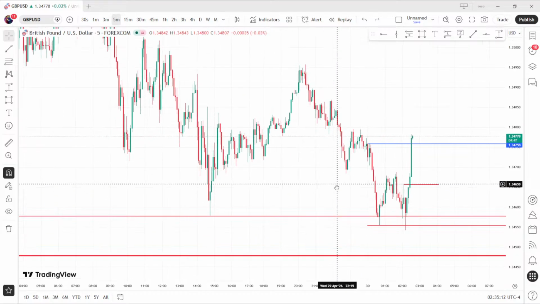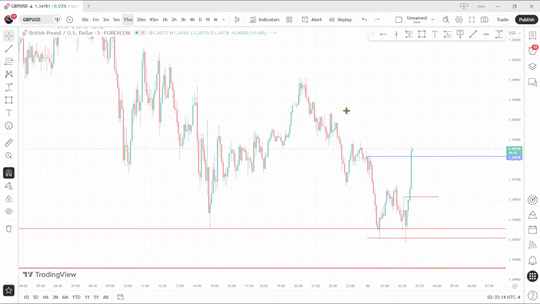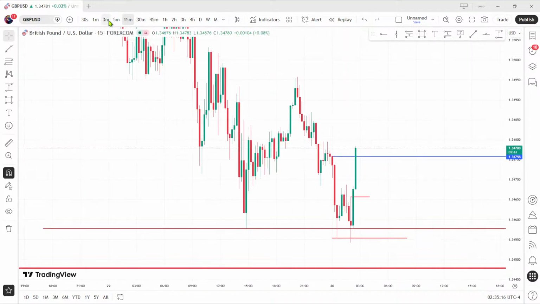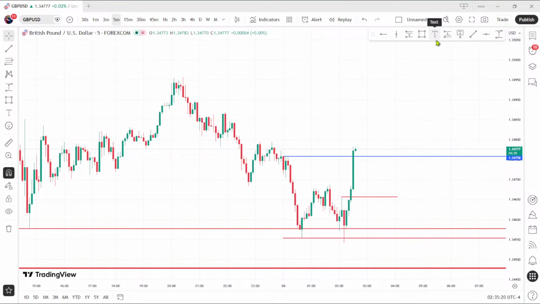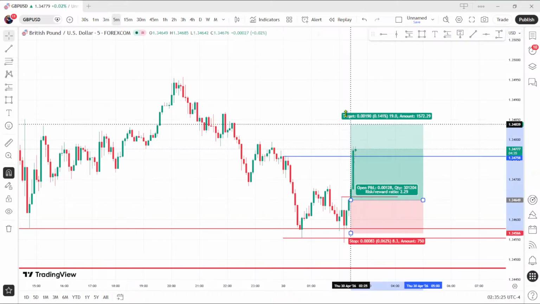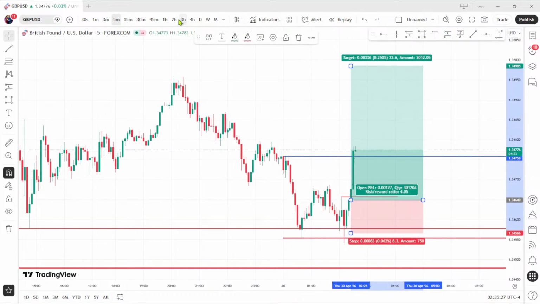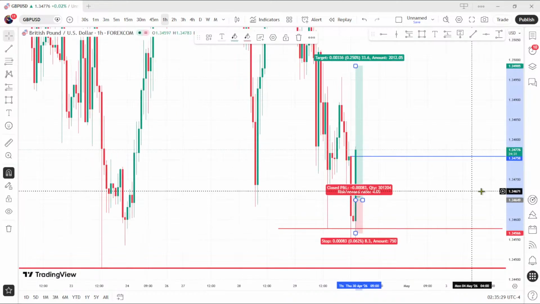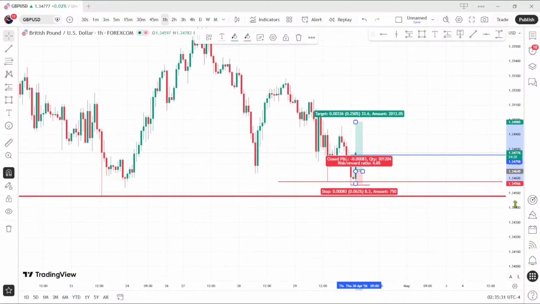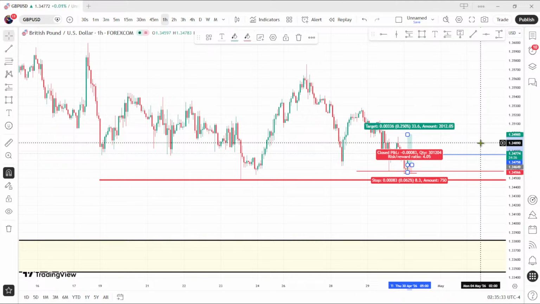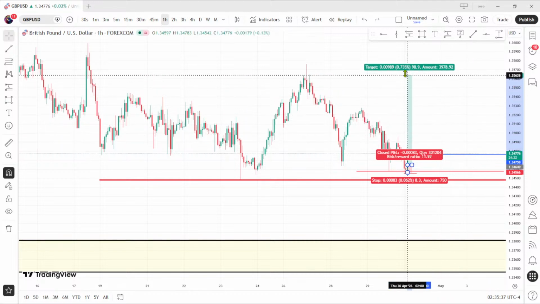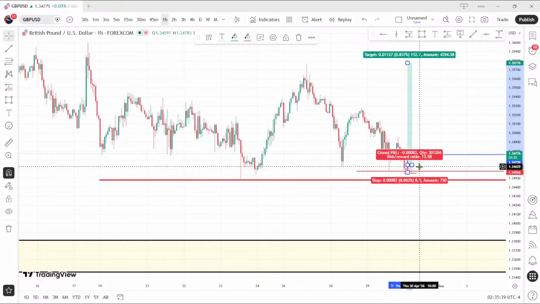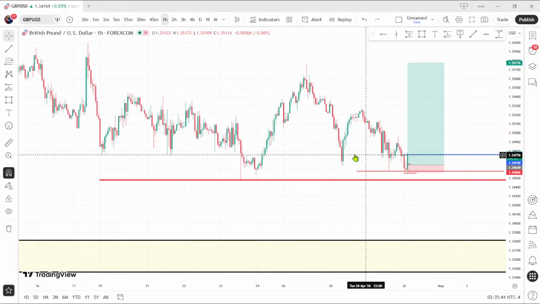If it does that, the euro is also a buying opportunity. Same to here in cable.